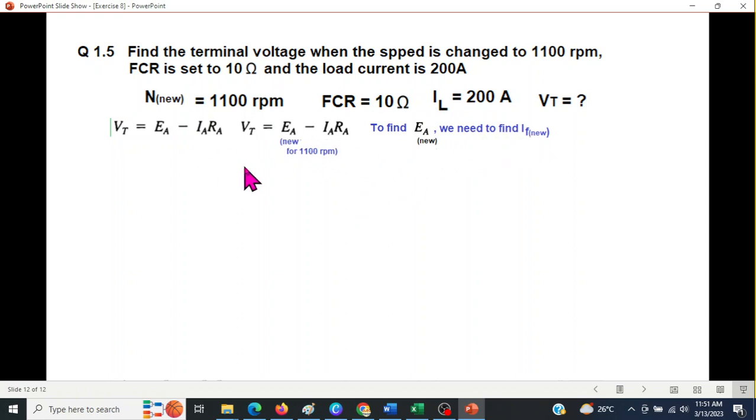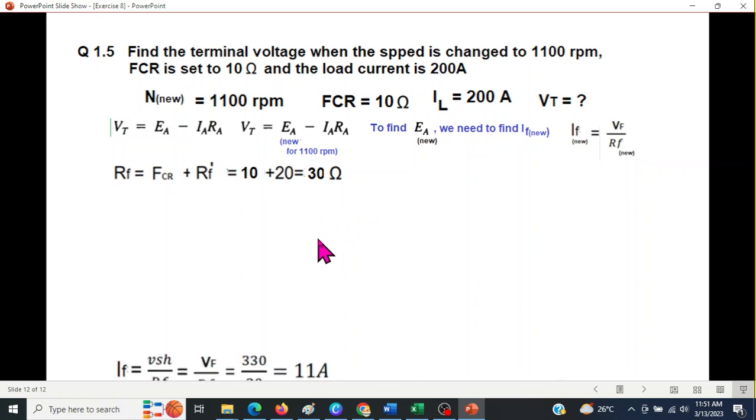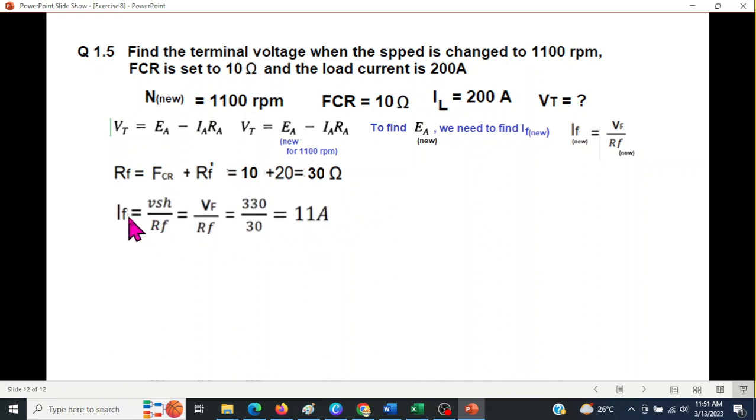The formula for IF new will be the same: IF new will be VF divided by RF new. And RF new is FCR 10, 20 is given, so it is 30 ohm. So IF will be 11 ampere as we got in the first part, so same value.